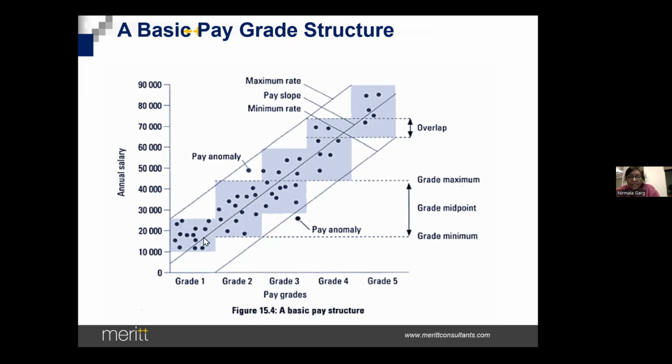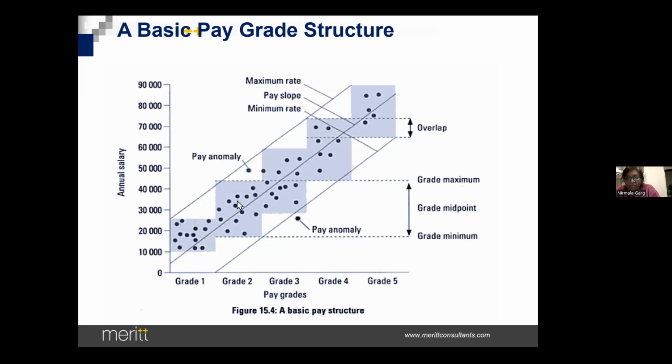The job points are here, there, right? What does it convey when you see a picture like this? The closer these job points are to this market pay line, the higher the correlation with the market, and so your R square will be much higher.